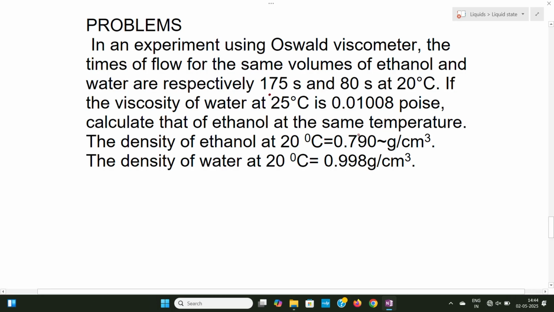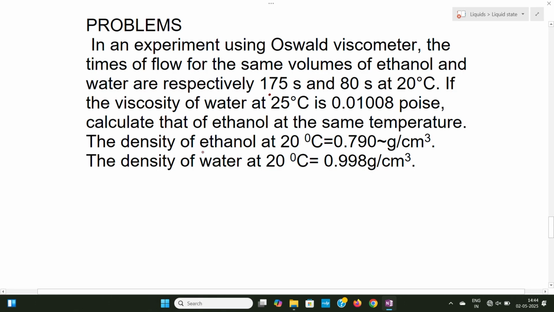So this is the problem which is given to us. Here, for the experiment, the Ostwald viscometer is used, and we have two liquids, ethanol and water, with the same volumes used.